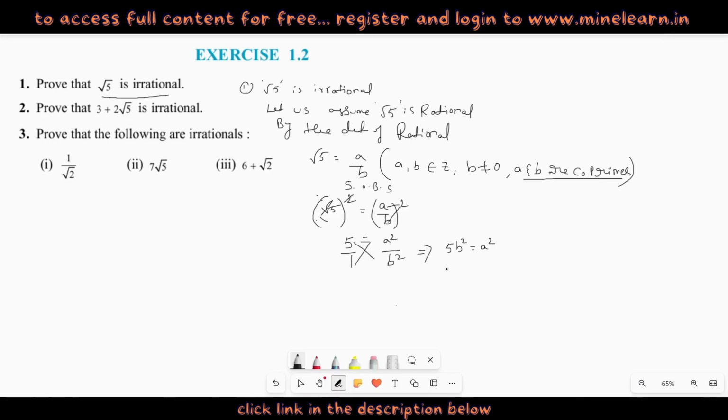Now here 5 is multiplying. If it goes that side, it will divide. If 5 divides a square, 5 also divides a.